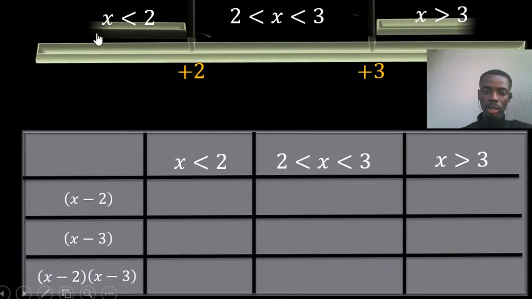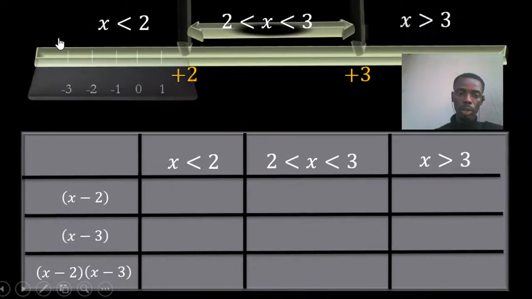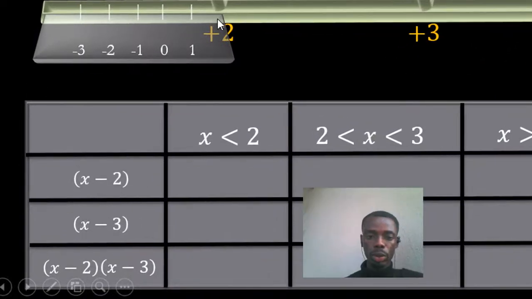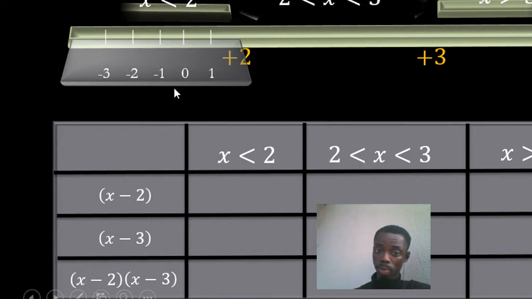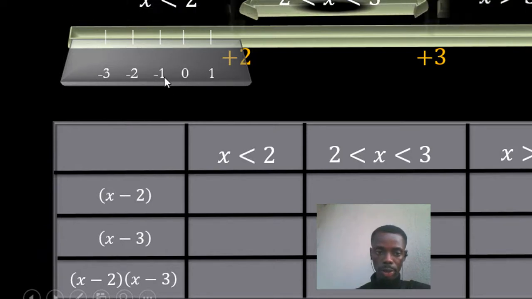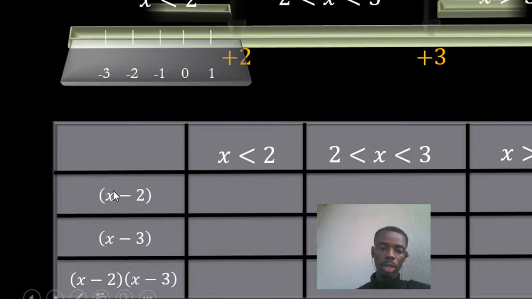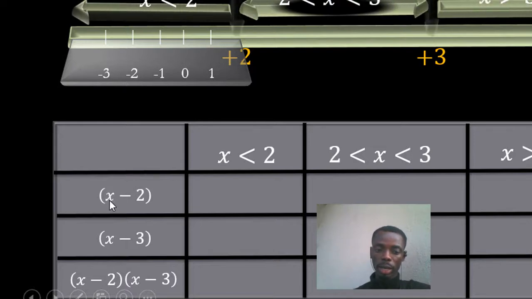So I told you that immediately you are leaving plus 2, you're coming to plus 1, 0, minus 1, minus 2, and minus 3. So just pick any of those values. Use it in place of x here, then minus 2. What do you have? Do you have a positive or a negative value?